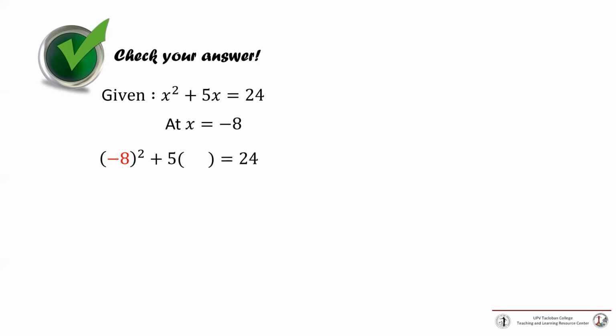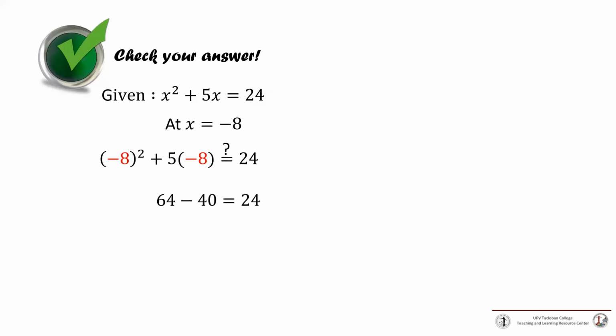So we now have negative 8 squared. In this case, it's very important to put it in parentheses, because it means that the negative sign is included in raising to the power 2. Then 5 times negative 8 is equal to 24. Since we do not know yet if the left-hand side is equal to the right-hand side, we can put a question mark here, but this is just a way of checking.